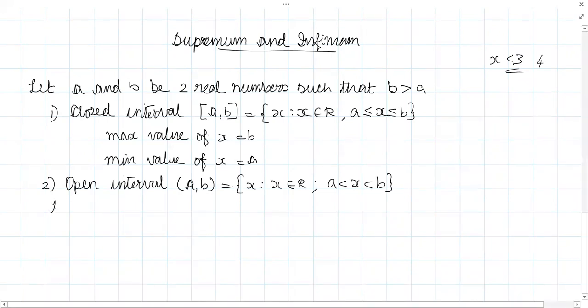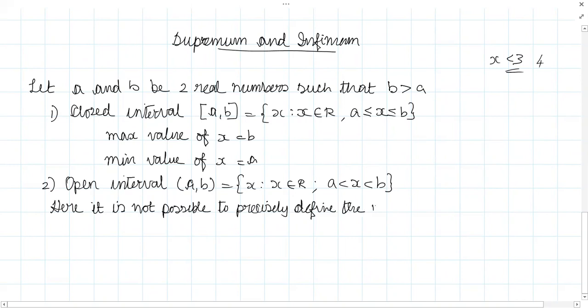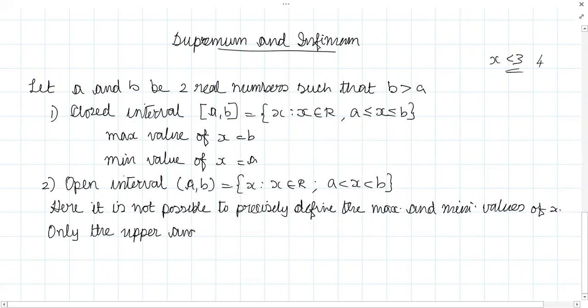Here it is not possible to precisely define the maximum and minimum values of X. Only the upper and lower bounds can be defined.